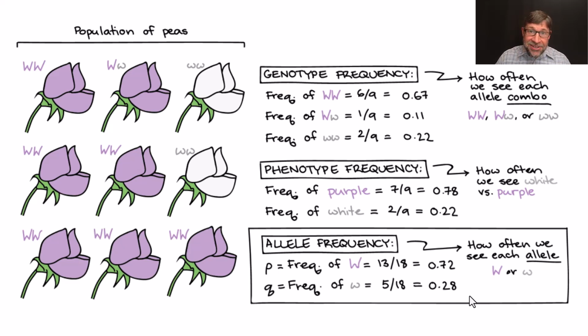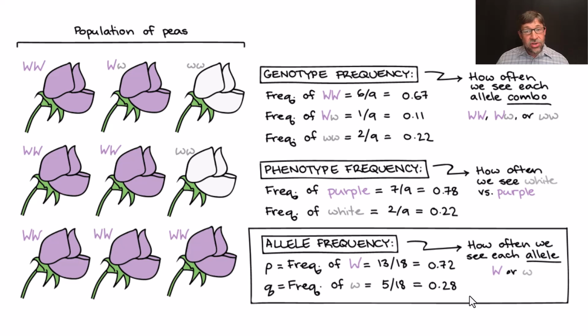So, in my experience, the biggest obstacle that students face in doing the Hardy-Weinberg math is that they get confused about what the question is actually asking. So, after you've done the math, take a moment and reread the question.